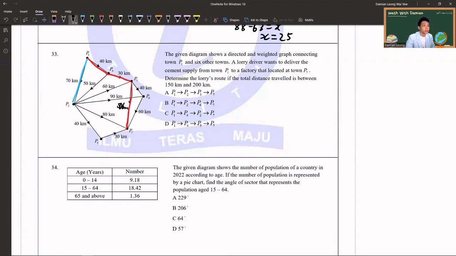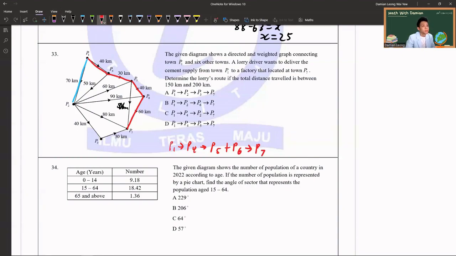But the question paper you have should have this 50 km. So 40 plus 30 plus 50 only gives us 120, which definitely is not. If I take this way, 100 plus 70, that is possible: P1, P4, P5, P6, P7. But that is not an option here.